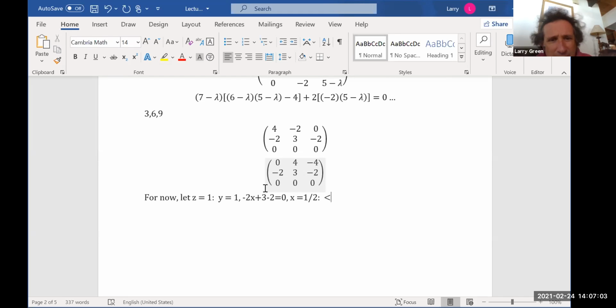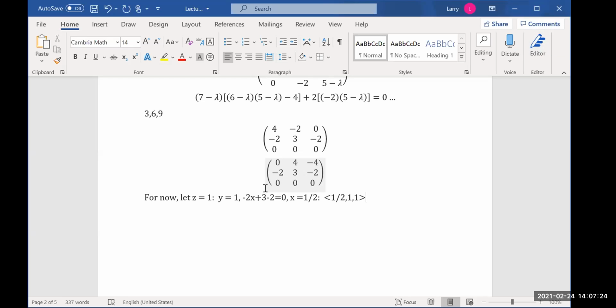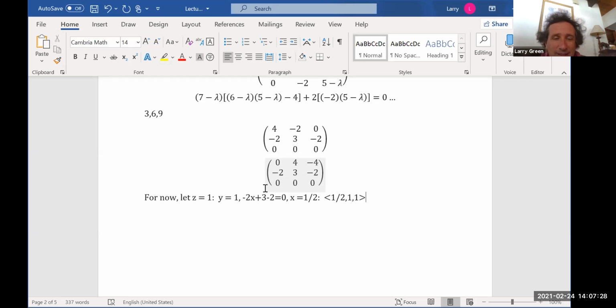So our vector here, we can write 1/2, comma, 1, comma 1, but that's not the one I want. Remember, how many eigenvectors are there that correspond to the eigenvalue 3? How many vectors are there?